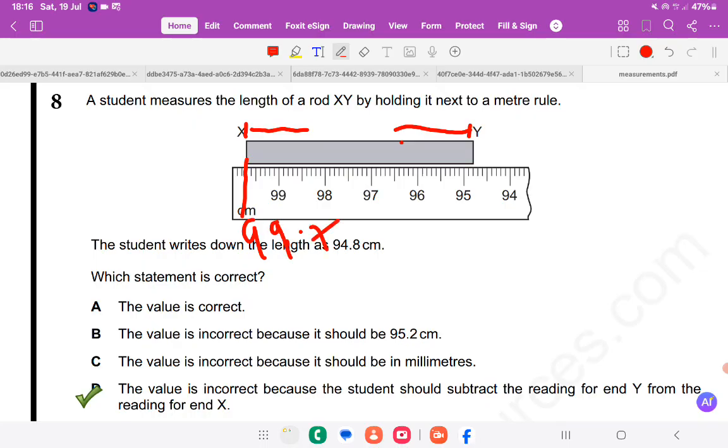And over here, this is 94.5, 0.6, 0.7, 0.8. So this is 94.8.